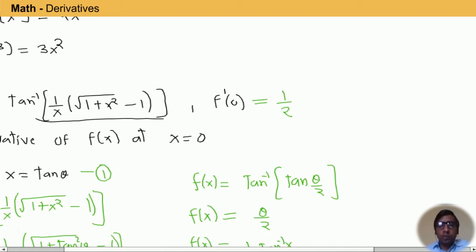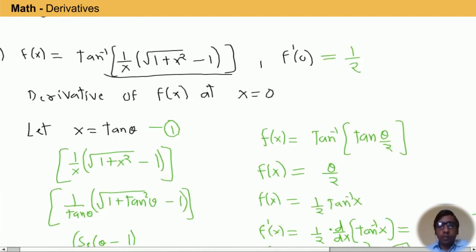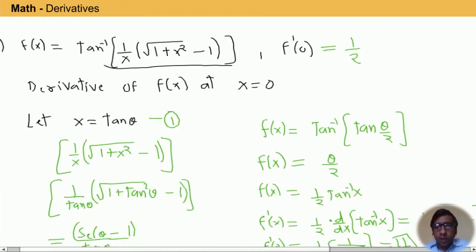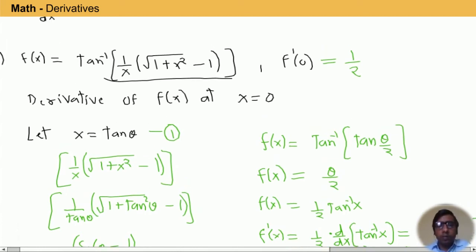So, in this problem, first we applied x equal to tan theta and then simplified by using the trigonometric identities and ratios, and finally after simplifying it's tan theta by 2. Substituting tan theta by 2 in place of 1 over x into 1 over square root of 1 plus x square minus 1, we get tan inverse tan theta by 2.